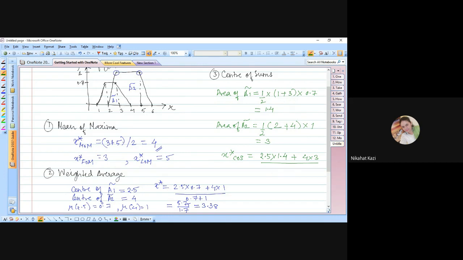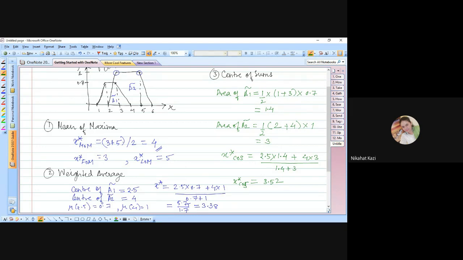Here it was the sum of the memberships. Here you will have the sum of the areas. Okay. 1.4 plus 3. So what are you getting? Tell me the answer. 3.52. 3.5. Correct. Fine. So these are the easy methods.